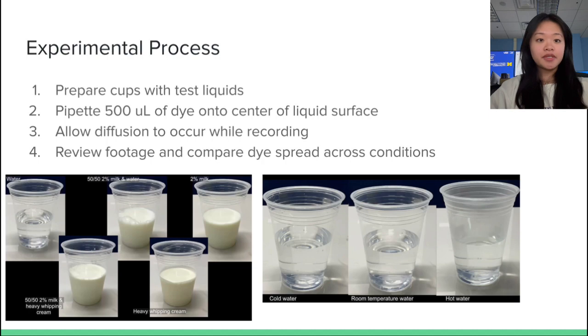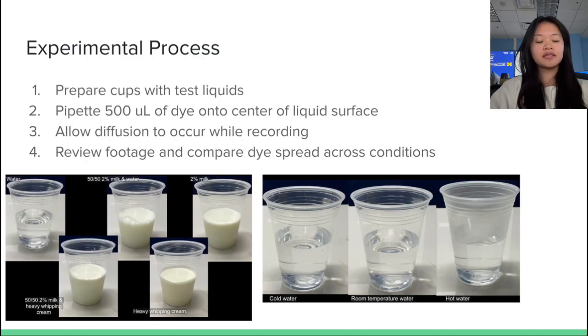For our experimental process, we lined up the 5 liquids for the viscosity test and used 3 temperatures of water for the temperature test, all in identical cups filled to the same level. We added 500 microliters of dye to the center of each cup using a pipette to keep the starting conditions consistent. After adding the dye, we let diffusion happen naturally and captured snapshots and video to track how fast the dye spread.